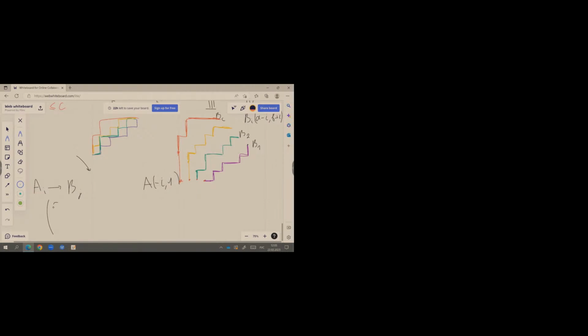It will be A plus B minus I plus I minus 1, the sum of two coordinates, and A minus J plus I, that's one coordinate.